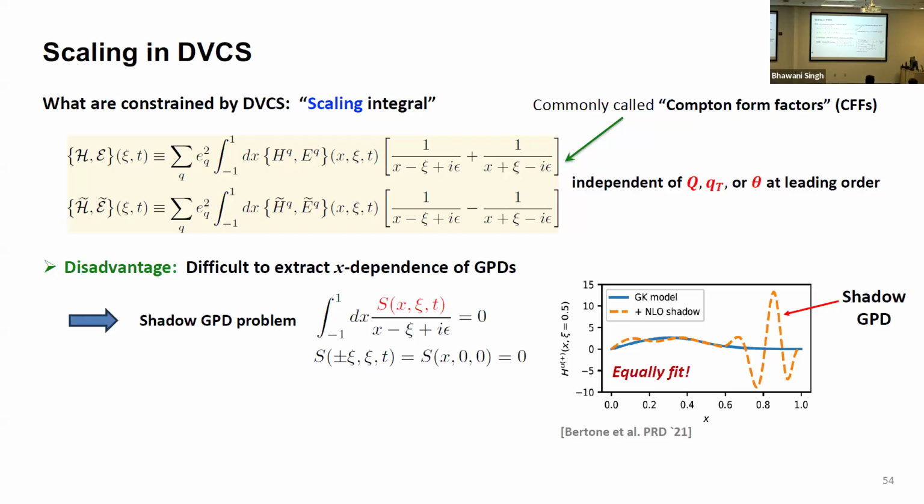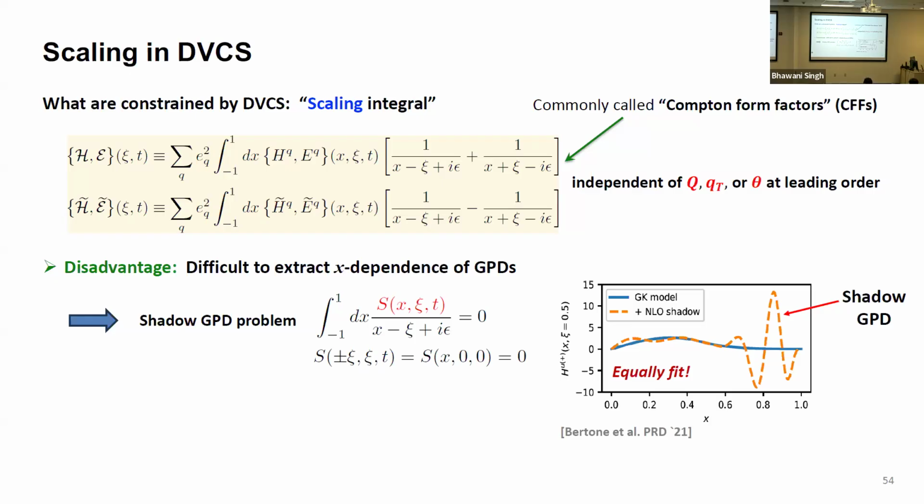For example, in here, the blue curve is one model of GPD, and the other one with a huge wiggle is another GPD. They differ by something called a shadow GPD, and they fit the same Compton form factor on the left-hand side almost exactly.